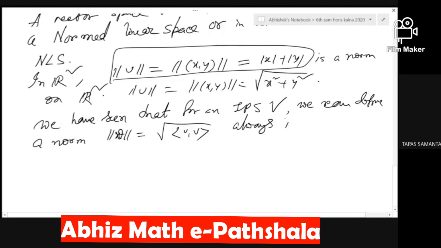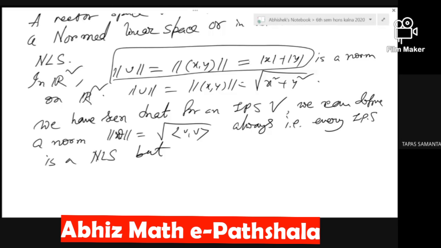That means every inner product space is a normed linear space. But every normed linear space need not be an inner product space. That means a norm does not induce an inner product on a normed linear space in general.